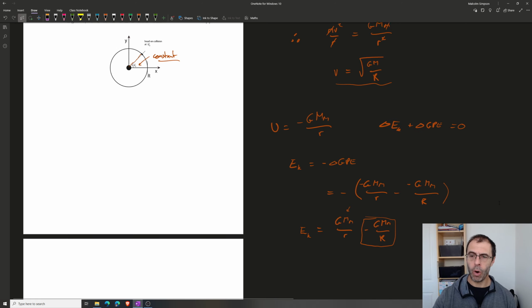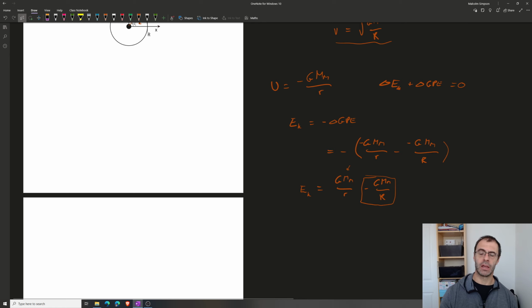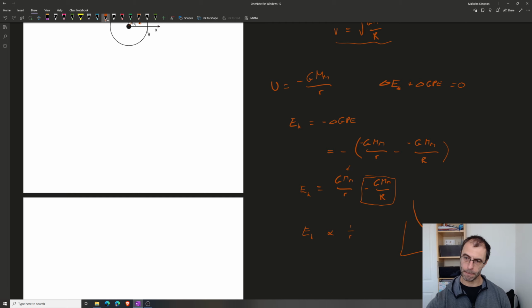So the kinetic energy is going to look roughly proportional to 1 over r, with a kind of 1 over r shape to it. So what does that look like? Well, this is hard to draw using one of these tablet-y things. That's a 1 over r curve, as you can see, a bit miserable.